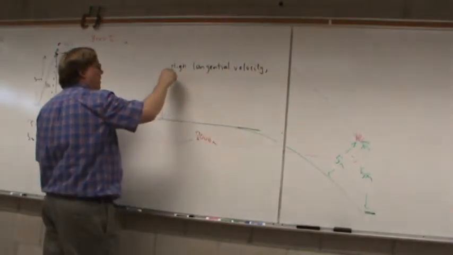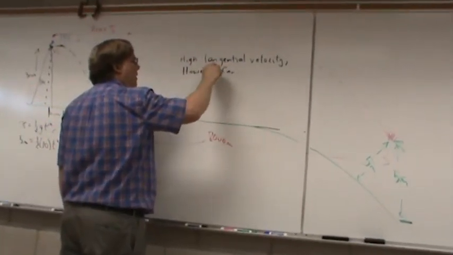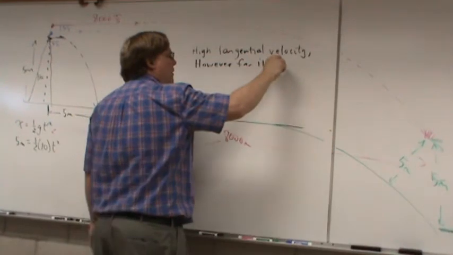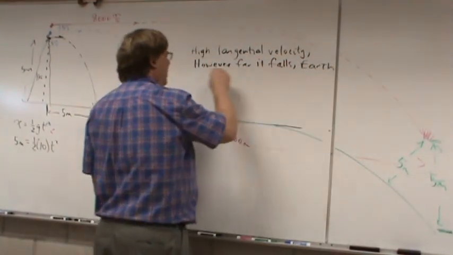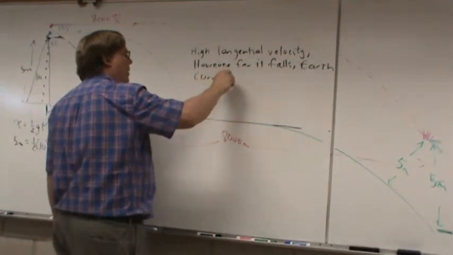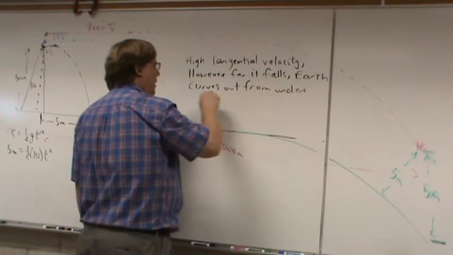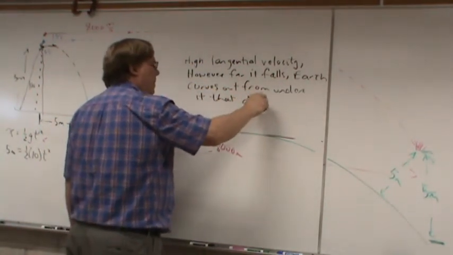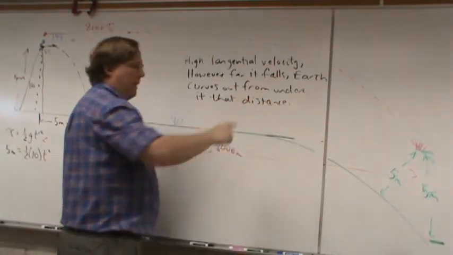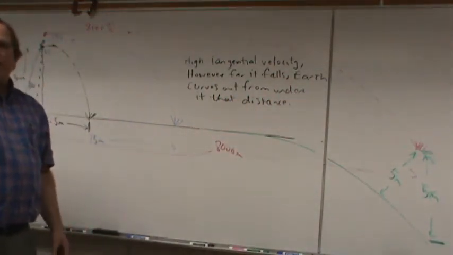And however far it falls, Earth curves out from under it. That distance. In this case, every 8,000 meters it goes, it falls 5 meters, and the Earth curves out under it 5 meters.